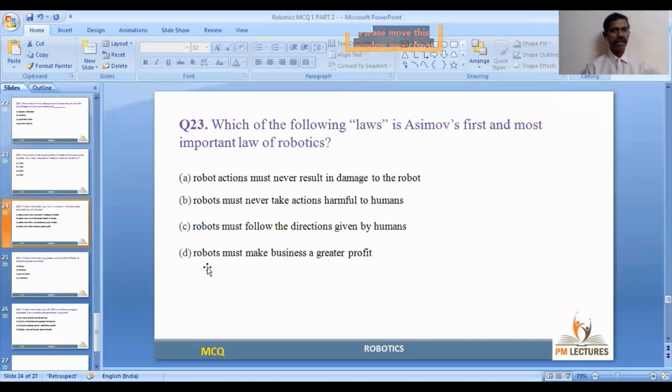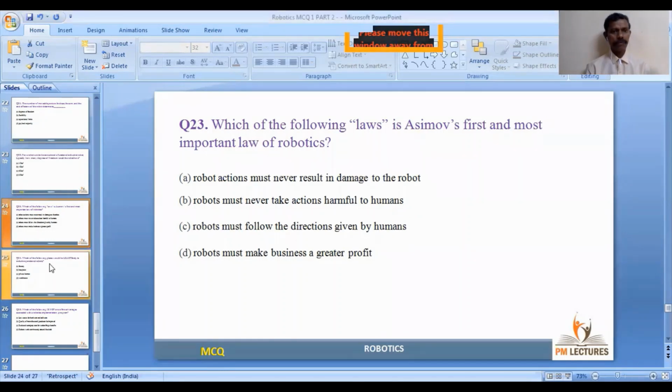Option D, robots must make business a greater profit. So among these, option B is the correct answer. Robots must never take actions harmful to humans. All other options are wrong.